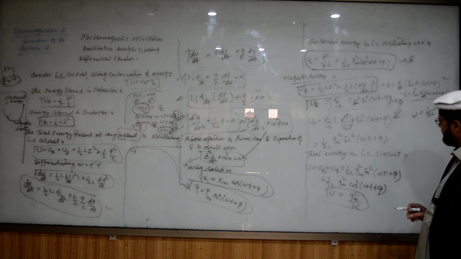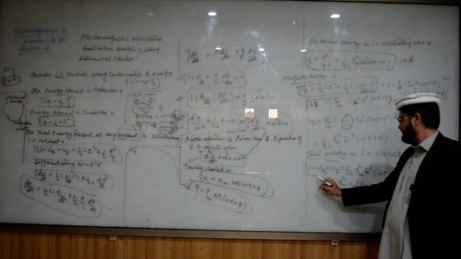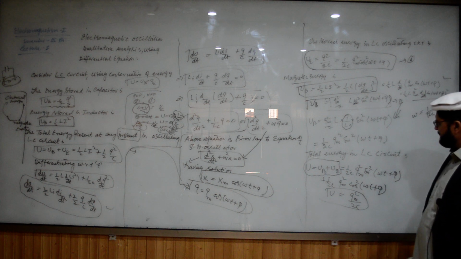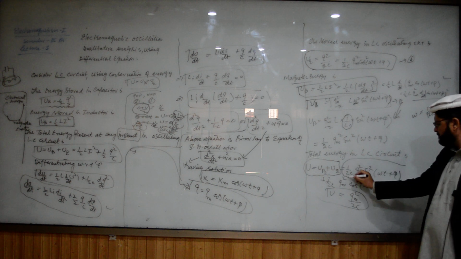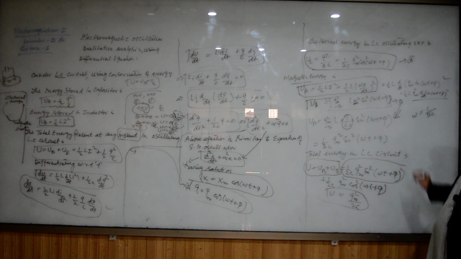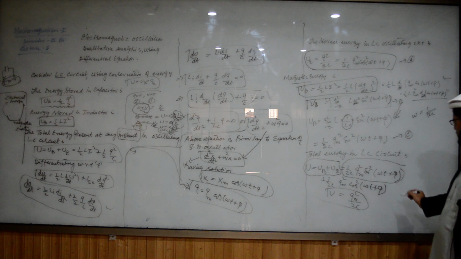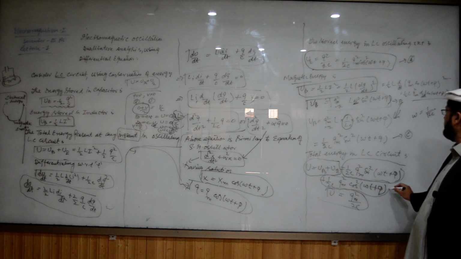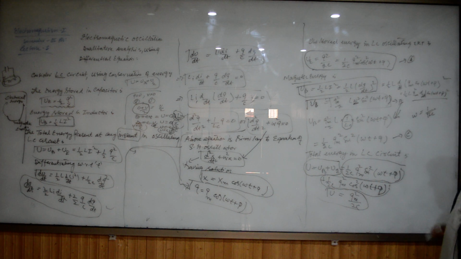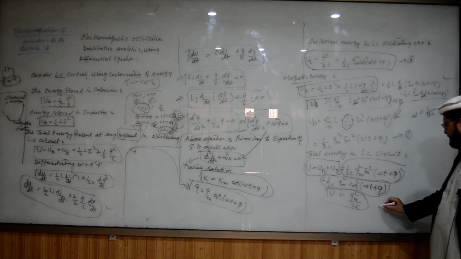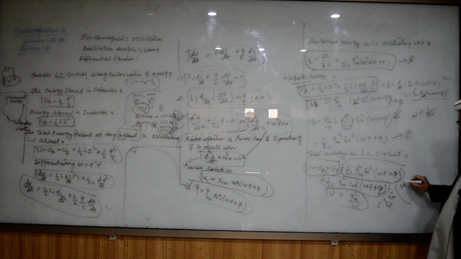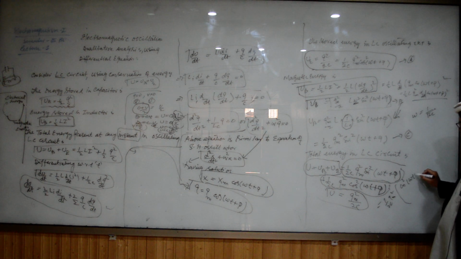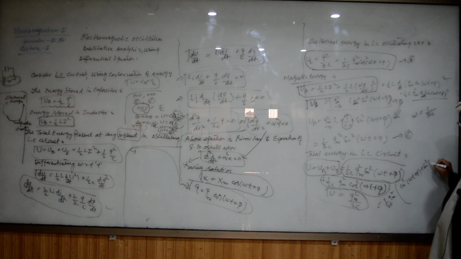Total energy in the LC circuit: now you will have to take the energy which is in the magnetic field of the inductor plus the energy which is in the electric field of the capacitor. In the case of UB you have this value, which is already done here, this is equation C, and the value of UE is this, which you see from equation A. Take the sum of both. In the sum you get 1 by 2C Qm square, taking it common, times cos square omega t plus phi plus sin square omega t plus phi, which is equal to 1.